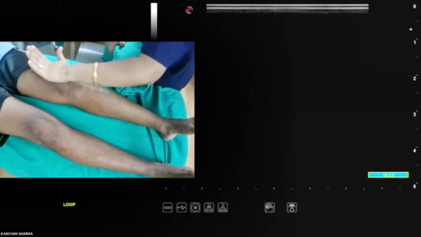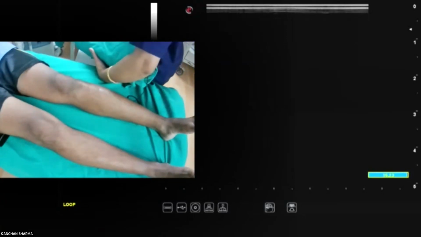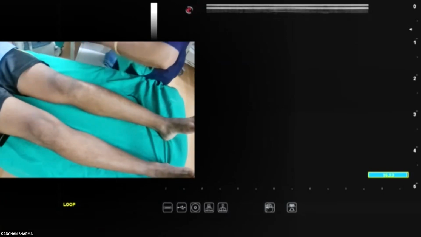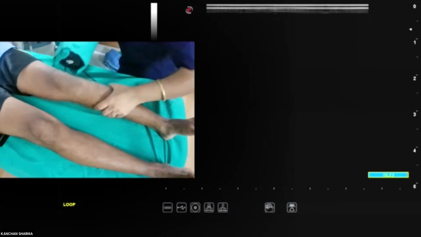Why? Because the quadriceps tendon will be like this, and if I put a probe, my beam will not be parallel. I will be looking at the quadriceps tendon and there will be so much hypoechoic, so much black area inside the tendon, and I'll think, oh my God, this patient has a quadriceps tendinopathy. So to avoid that, make a roll and put it beneath the knee joint.